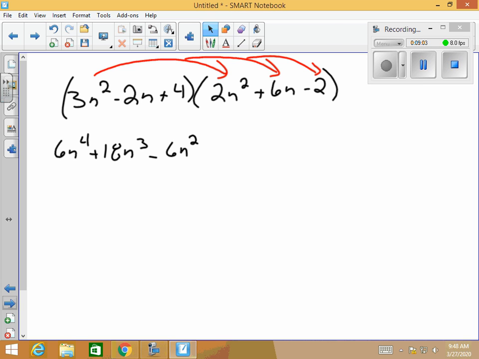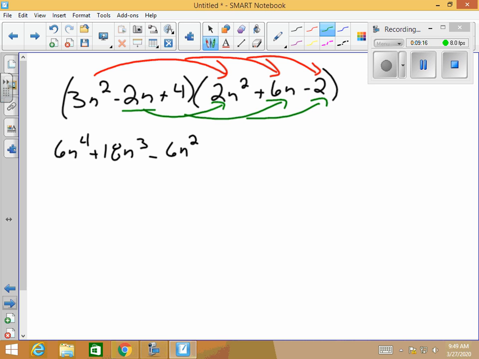Now we're going to come back to my next term, which is my negative 2n term, and I'm going to distribute it to every single term in the backside group. So I get a negative 4n cubed. I get a negative 12n squared.